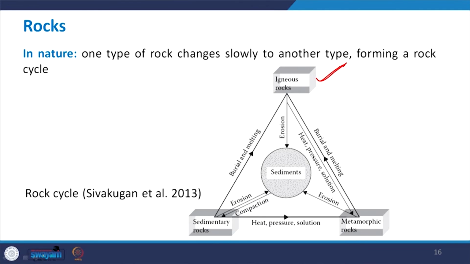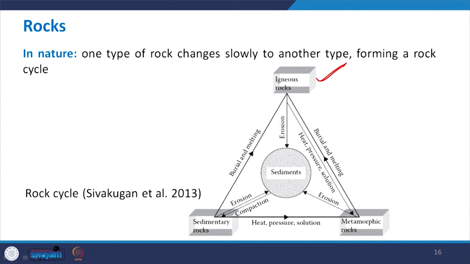Now in nature what happens is, one type of rock slowly can get changed to the other type and it forms a rock cycle. So that's the definition of the rock cycle that I am trying to explain to you with the help of this figure. Let us say that igneous rock is there.